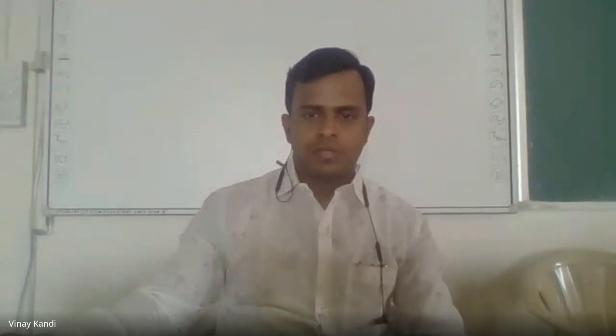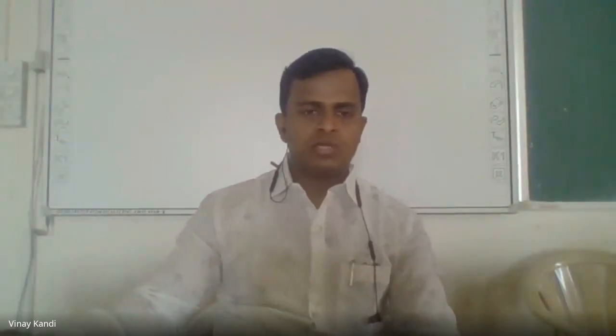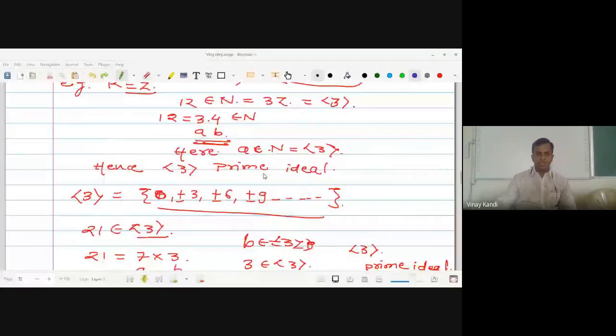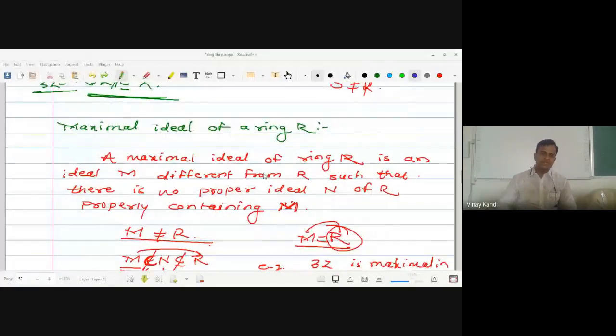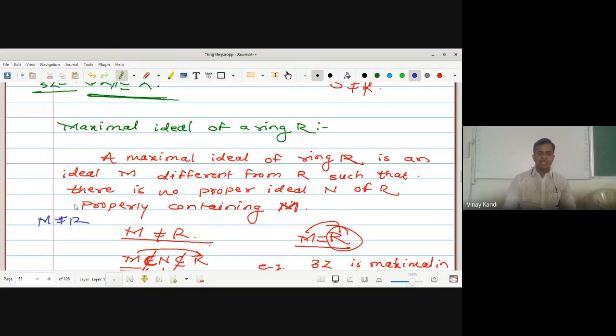Okay. So in the previous lecture, we saw the definitions of maximal ideal and prime ideal. What is a maximal ideal? A maximal ideal of a ring R is an ideal M different from R, that is, M is not equal to R, such that there is no proper ideal N of R properly containing M. So in between M and R, there does not exist any proper ideal.